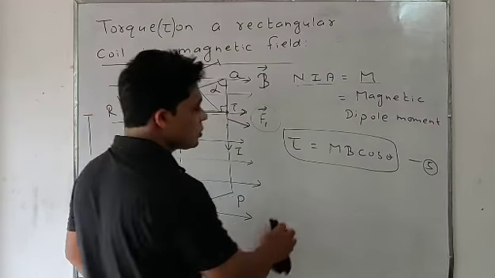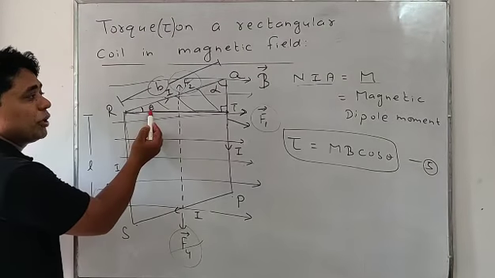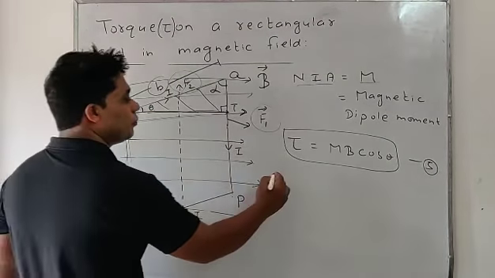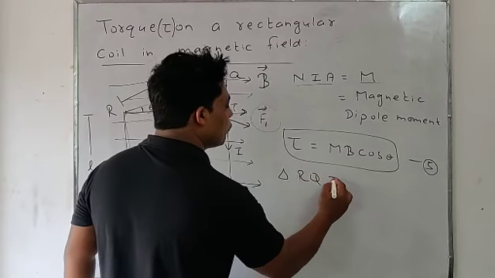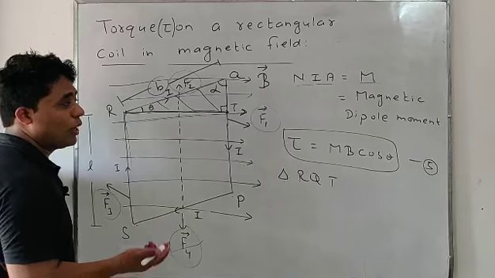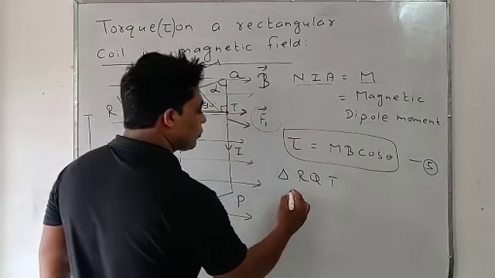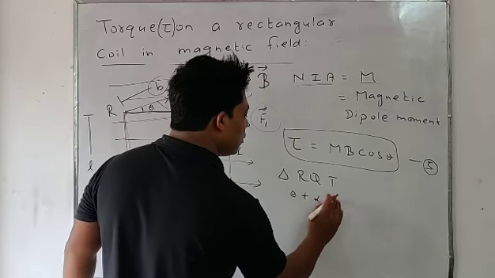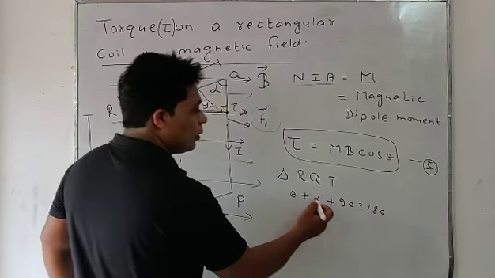Okay, now students, we want to find the value of theta. How can we get the value of theta? Using triangle RQT. We know the sum of the angles of a triangle is 180. So theta plus alpha plus 90 should be 180.